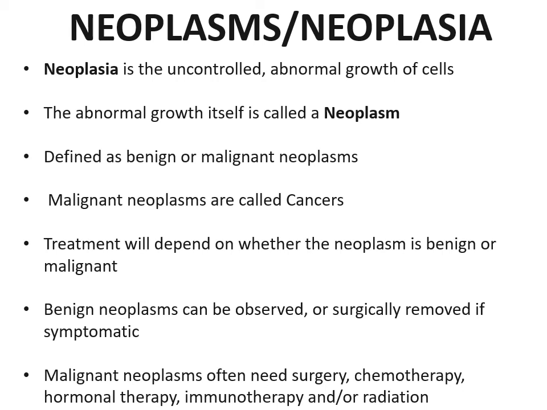Benign skin growths, for example, can just be observed. So benign neoplasms can just be observed, right? Sometimes if they've become very large, like say a benign ovarian cyst, or a benign uterine growth that gets larger and larger on the uterus, well, it's not cancerous, it's not malignant. For example, fibroids are a benign tumor of the uterus.